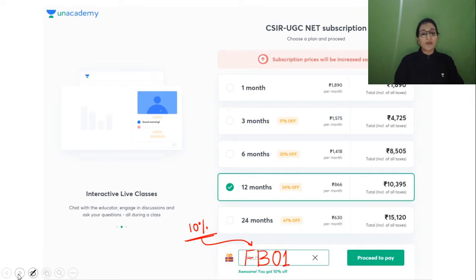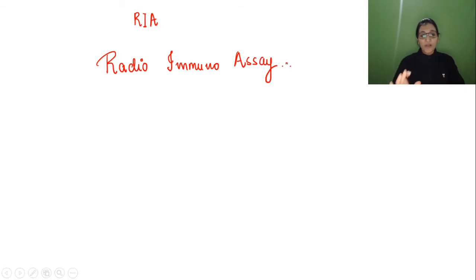So coming to the topic of today, that is radioimmunoassay. RIA is the name of the topic. In many of the examinations, I've seen kids writing radial. So do not go for that.